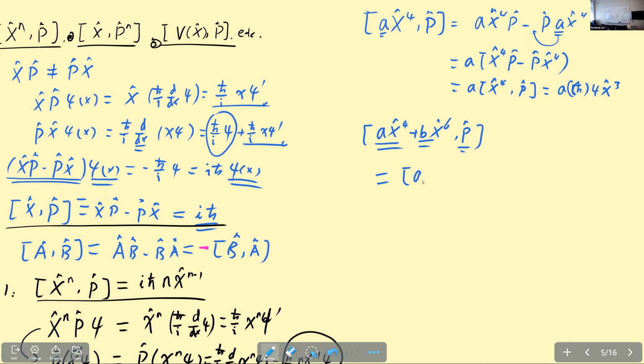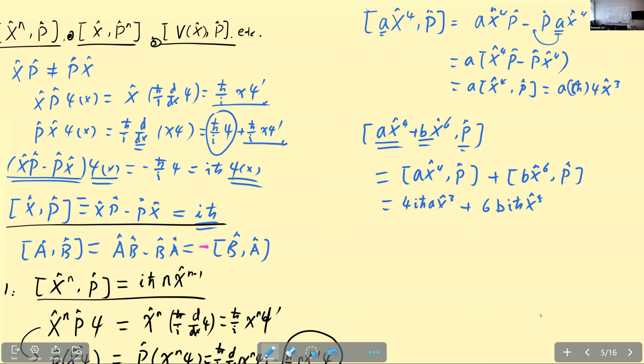So you have a x to the fourth power and the p plus b x to the sixth power and the p. And then this will equal 4 i h bar a x to the cubic plus 6 b i h bar x to the fifth power. Okay, you can continue this, so on and so forth.